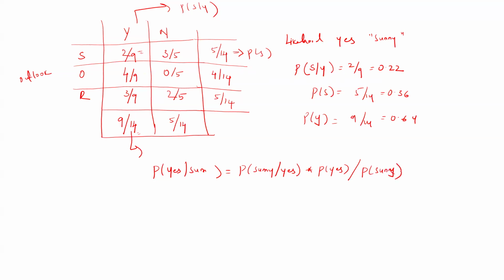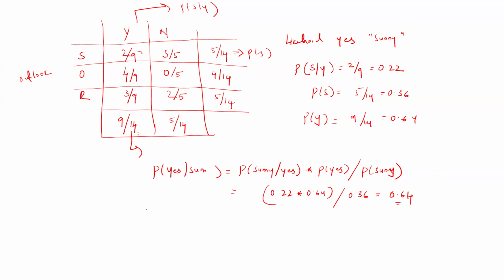Okay. So this is the formula as per our Bayes theorem. Now probability of sunny given yes equal to 0.22 into probability of yes equal to 0.64 divided by probability of sunny equal to 0.36. So we'll get the answer as 0.61. Okay, just calculate and you'll get the answer as 0.61 or 0.64.